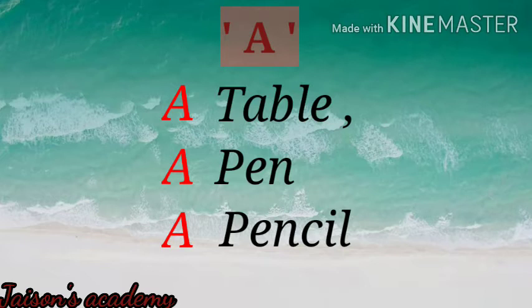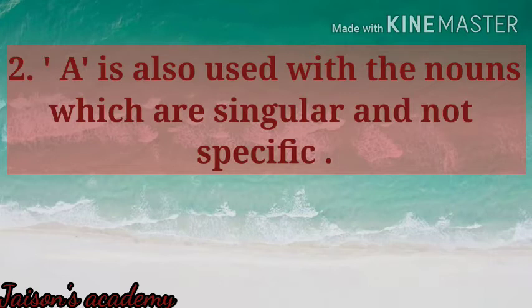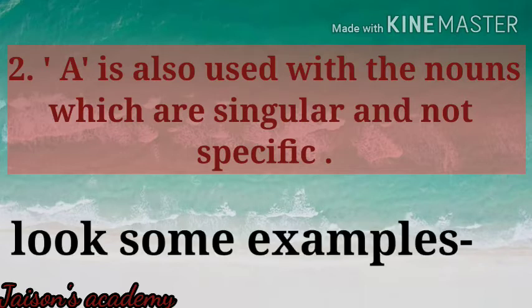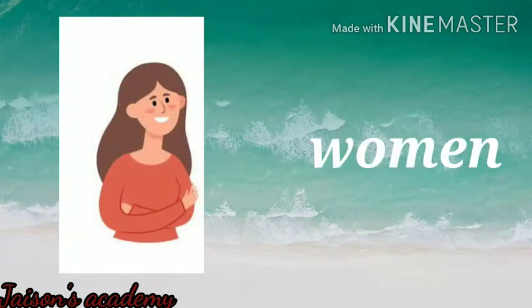A is also used with nouns which are singular but not specific. That means a comes before a singular noun that begins with a consonant sound. For example, a woman. Here W is a consonant, so we use a woman. A man.